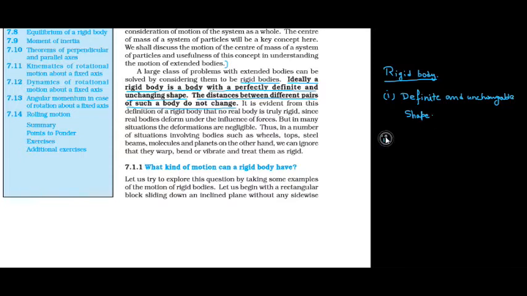Second point, second characteristic of a rigid body is the distance between different pairs of such a body do not change.